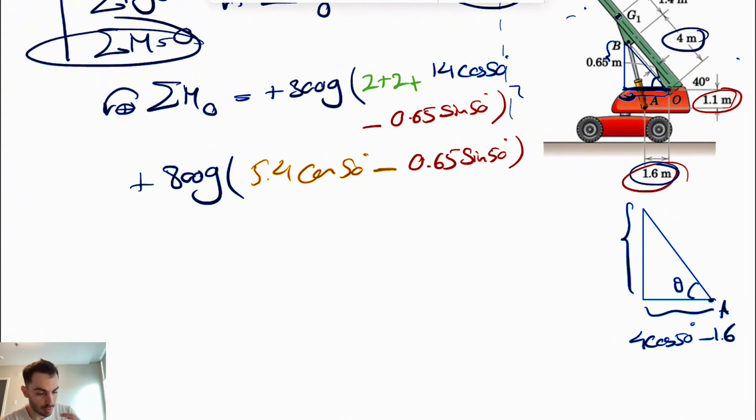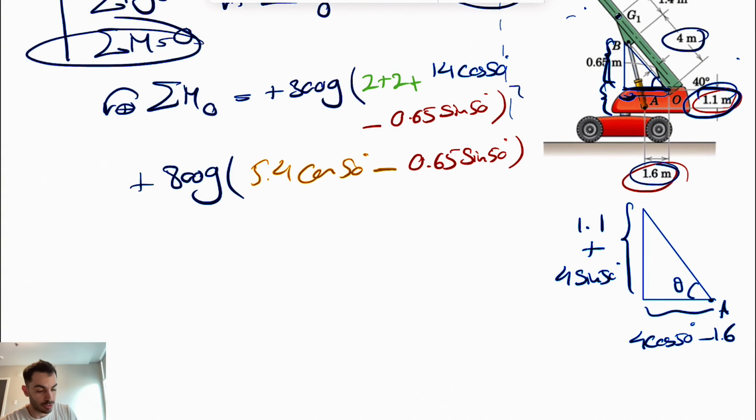And for the other one, we're going to have this side plus this side, so basically 1.1, which is this, plus 4 sine of 50.